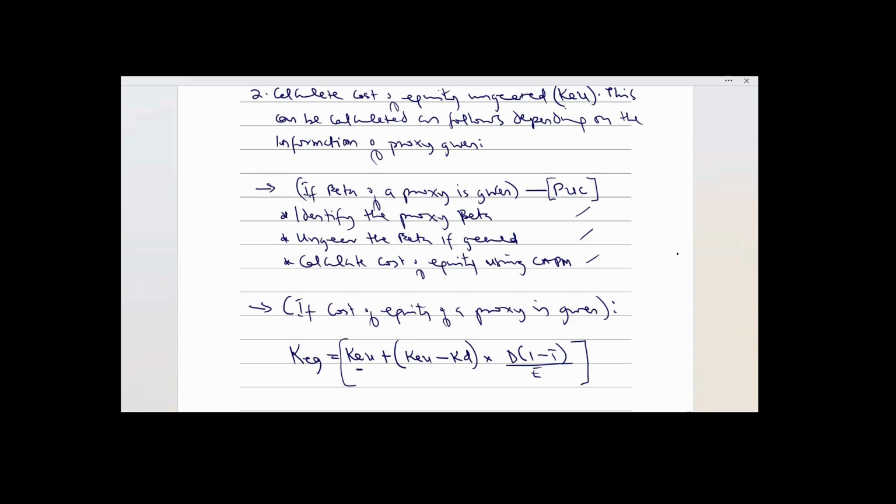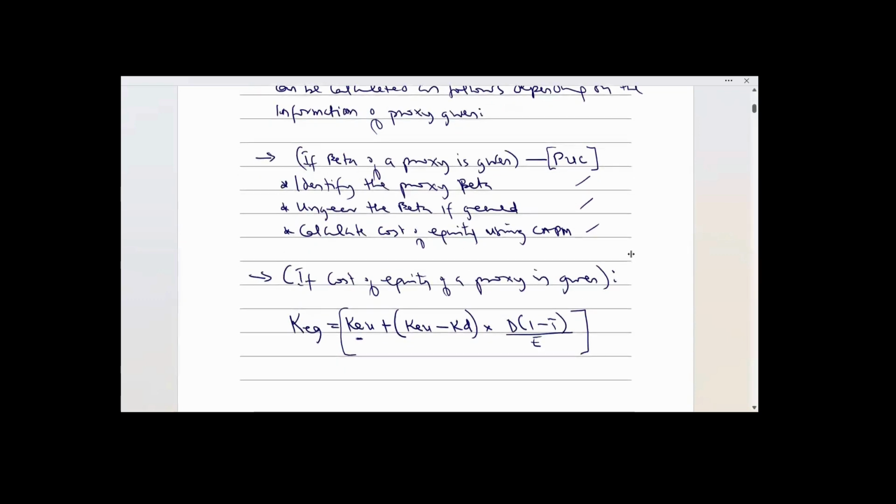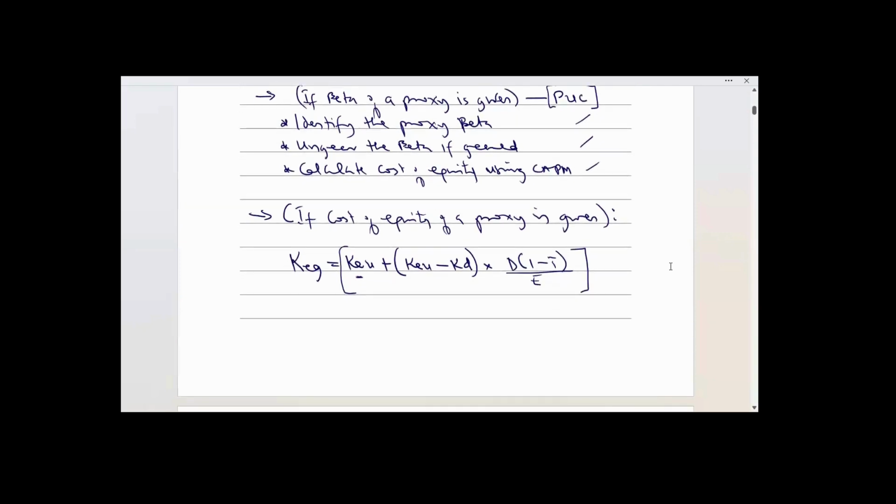Again, if in the question, after you have calculated your net cash flow, you now want to calculate cost of equity on gear, you go into the question and you are given cost of equity of the proxy company. So what that means is that you need to use the Miller and Modigliani formula. This formula I just provided here to calculate your cost of equity on gear. Once you have that done, then you need to go and discount your net cash flow to get your present value.